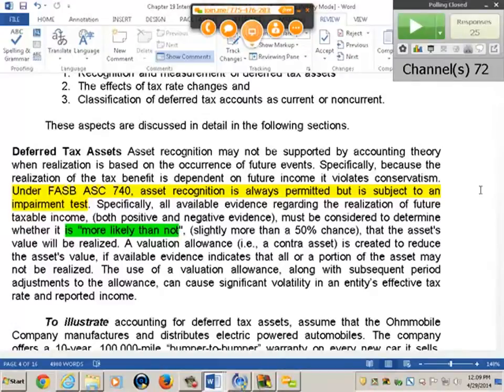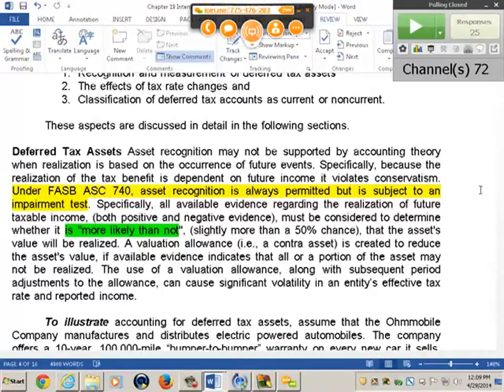Same thing's true here. More likely than not, slightly more than a 50% chance. If any of you studied law, that's the criterion for a civil case. A criminal case is beyond a reasonable doubt. And when I was in school, we used to use beyond a reasonable doubt to recognize deferred tax assets. So they've lowered the threshold a little bit.